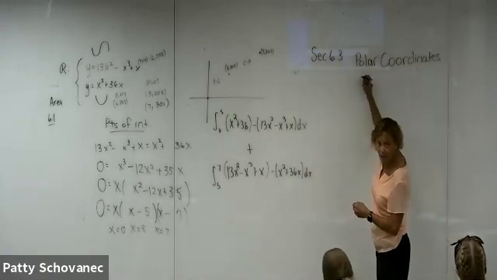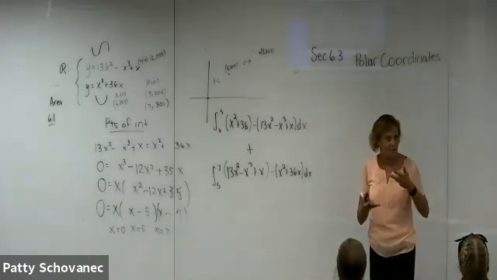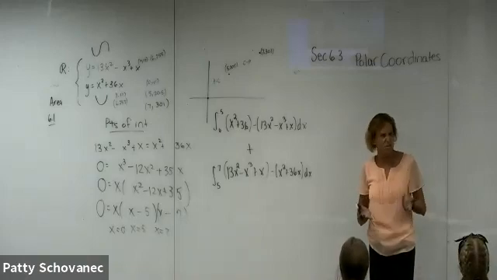We're gonna learn how to graph in polar coordinates. And then heck, if you've got some sort of closed region in any coordinates, don't you want to find its area?